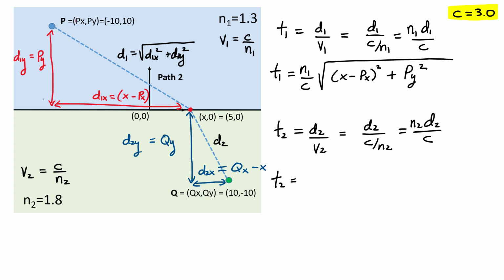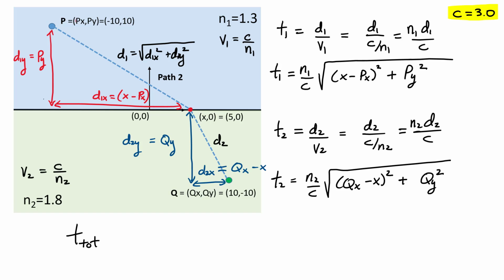Again, it looks similar here. You have the index, you have the speed. You're going to have a large square root, and that term looks something like this. This is Qx minus x squared, and then plus Qy squared. All right, so that is the time it takes for each of these individual paths, but what we actually want is the total time, right?